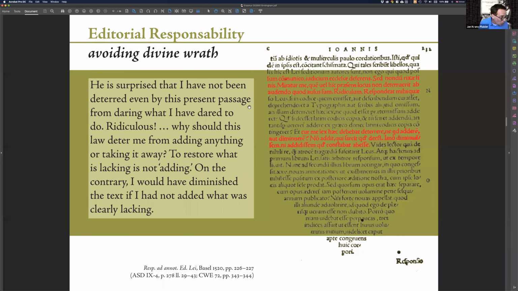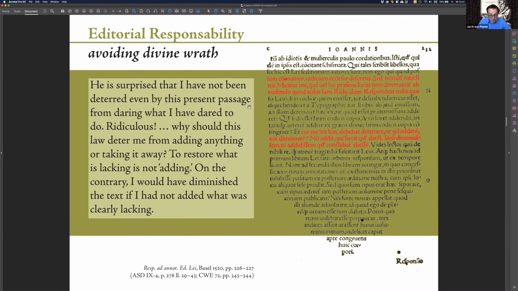Why should this law of Revelation 22:19 deter me from adding anything or taking it away? To restore what is lacking is not adding. On the contrary, I would have diminished the text if I had not added what was clearly lacking." Here indeed we detect an important motive behind the retranslation. It was part of his responsibility as an editor.